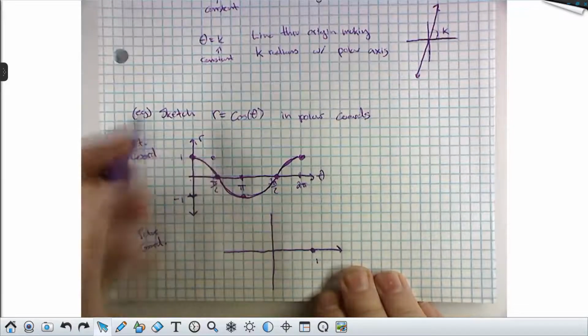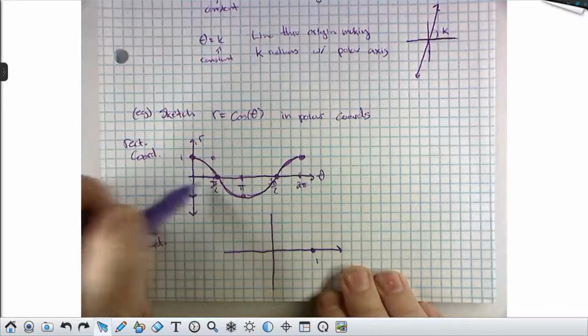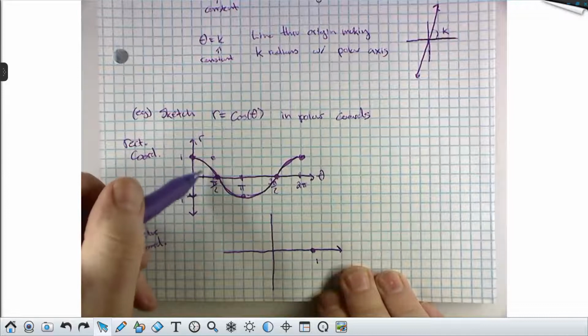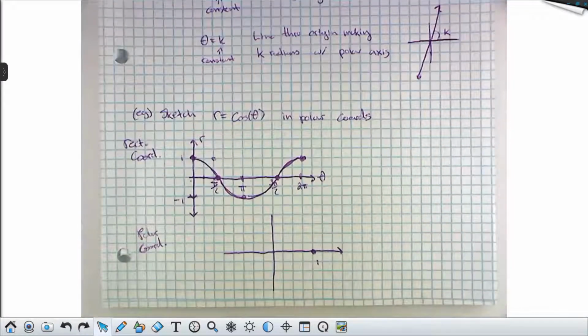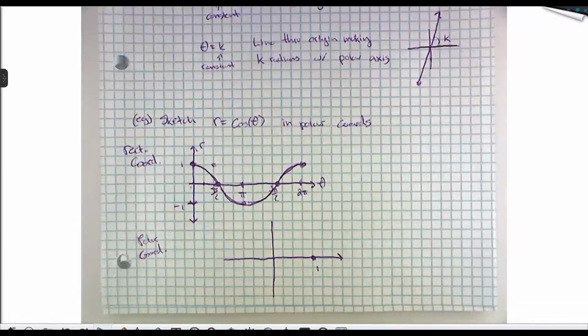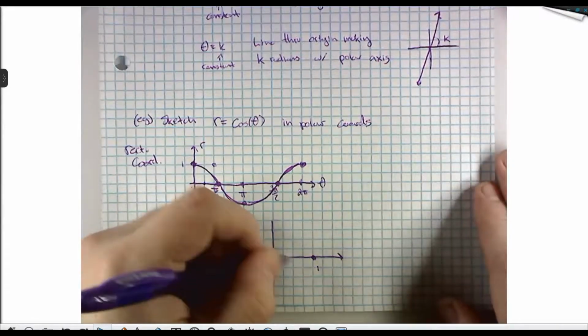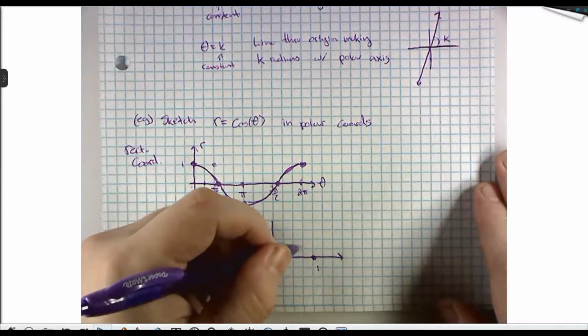You can plot some other points along the way if you wanted, like pi over 4. r here is root 2 over 2, like we calculated as a decimal earlier, just to get a feel for it. It's 1 over root 2, so like 0.7, and then you rotate it up pi over 4.